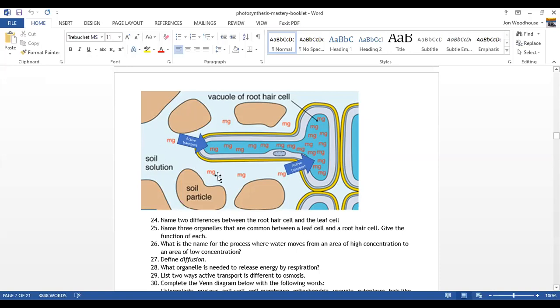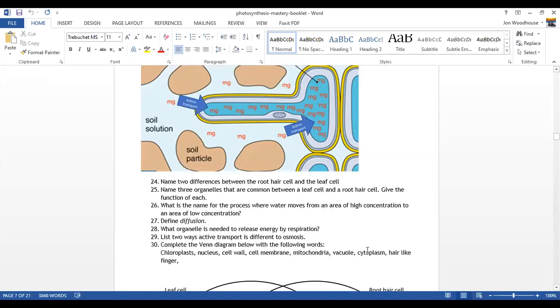To do that, it can't use diffusion, because diffusion moves substances from high concentrations to low concentrations. In this case, you've got a high concentration inside. So the plant needs to move magnesium from a low concentration to a high concentration. And it does this by a process known as active transport.